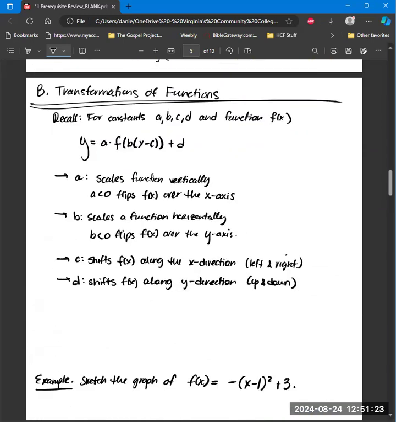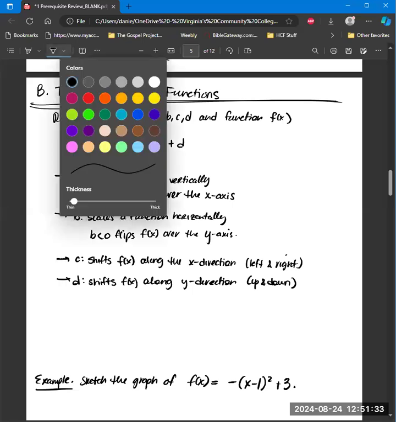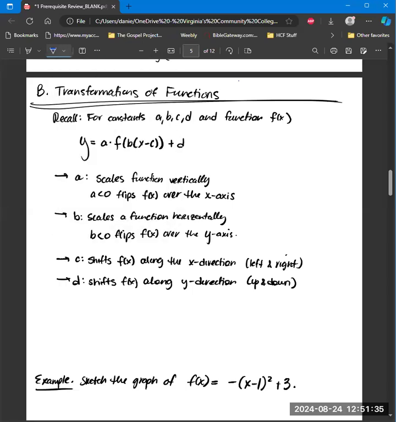All right, transformations of functions. Recall for constants a, b, c, and d, and function f of x that we can write y equals a times f of quantity b times quantity x minus c, close parenthesis, plus d in our transformation form, where a scales the function vertically.